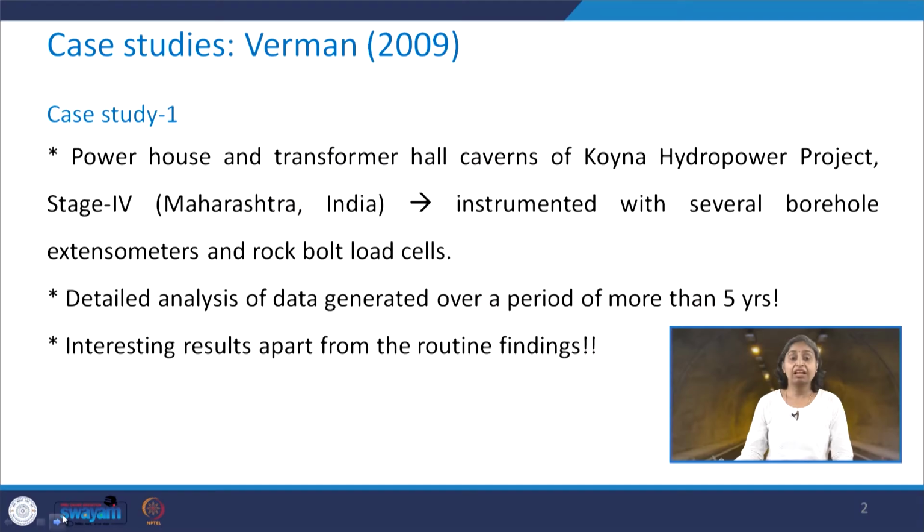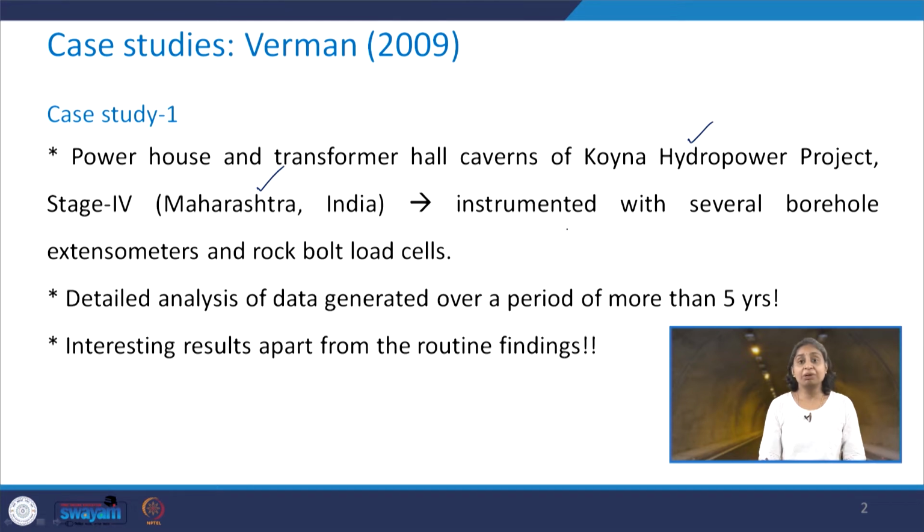So, the first case study that we will be discussing was given by Varman in 2009. He dealt with two case studies. The first one was related to the powerhouse and the transformer hall caverns of Koyna Hydropower Project stage 4. This was in Maharashtra.